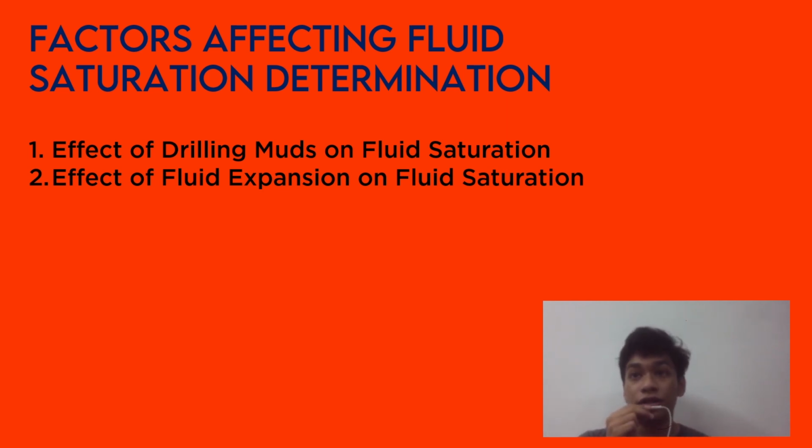At reservoir pressure and temperature, most liquid hydrocarbons contain dissolved solution gas. As we know, earlier I mentioned that there are hydrocarbon fluid and water fluid in a reservoir. When we take the core sample from the reservoir and bring it to the surface, the core is then subjected to different pressure and temperature. When pressure reduces, gases that were initially in the liquid hydrocarbon will be released, causing the shrinkage of oil volume.